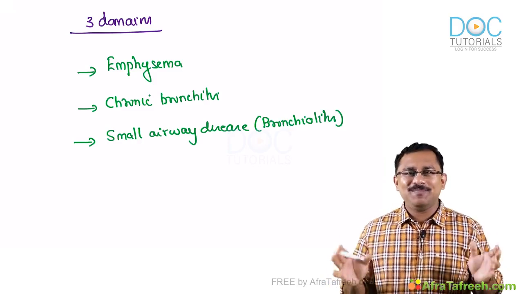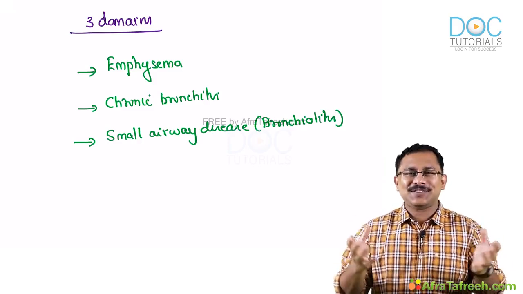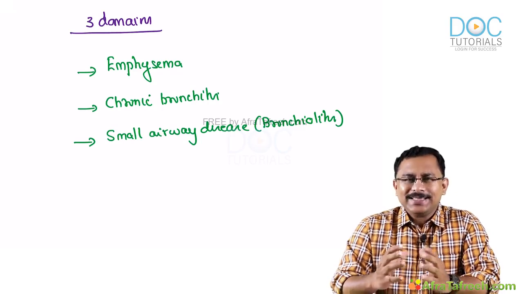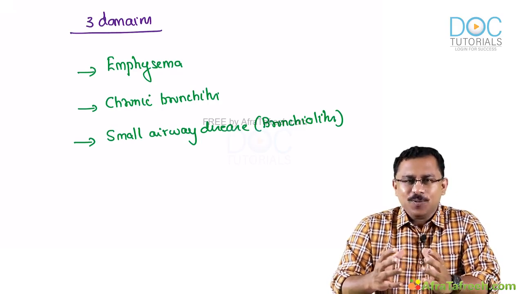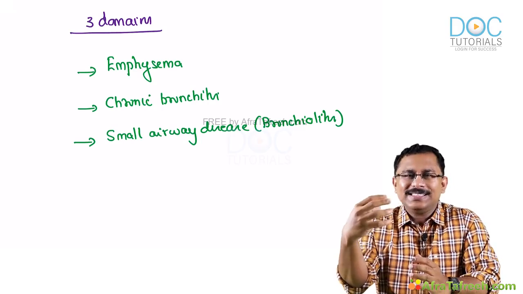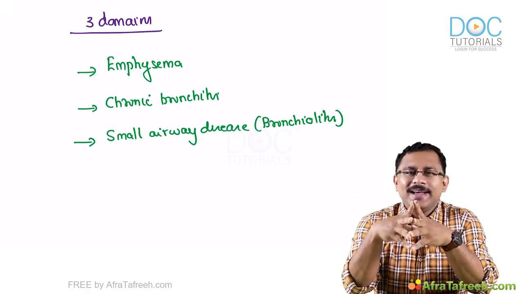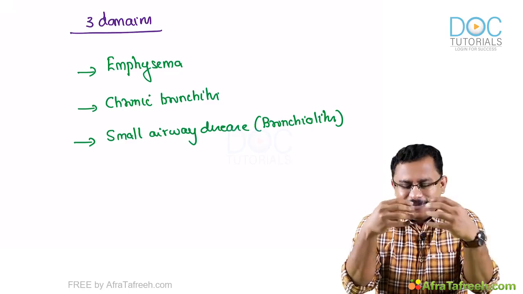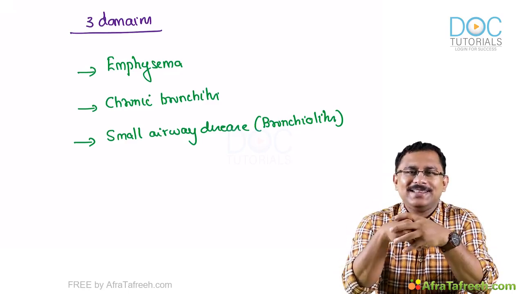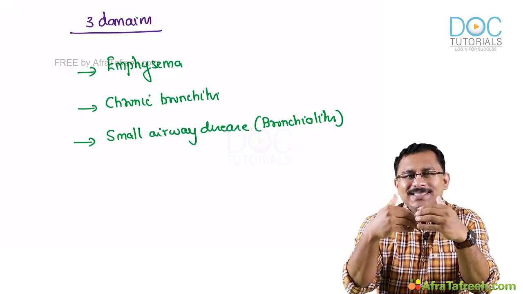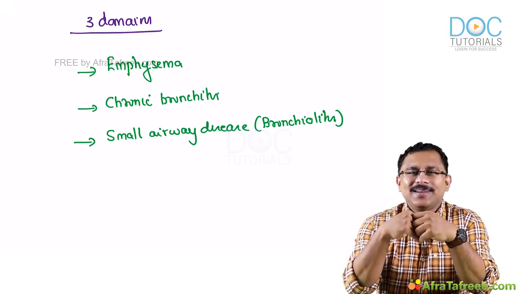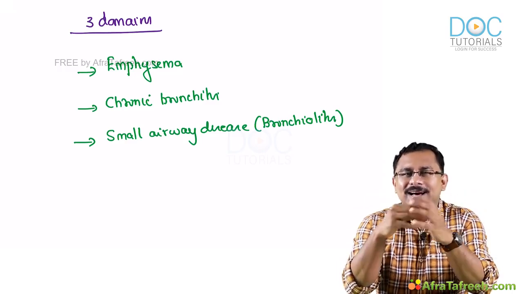Now what do I mean by this? Domains of COPD basically means in a COPD, different regions of your respiratory tree may be involved. In emphysema and chronic bronchitis, though both are the COPD spectrum, the sites of involvement are different.